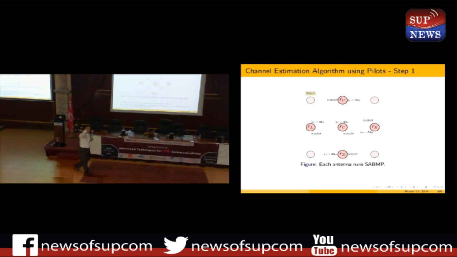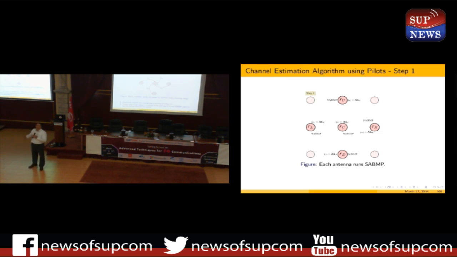We said that each tap is active with probability P, and inactive with probability 1 minus P. Now, I'm running the same Bayesian algorithm, but with different Bernoulli probabilities, based on what is measured and what information it got from the neighboring antennas. Now this happens for each antenna. So this one here is a central antenna, but also this is a central antenna when it communicates with its neighbors. So this will give its belief to this guy, this one will give it to this guy, and so on, right?